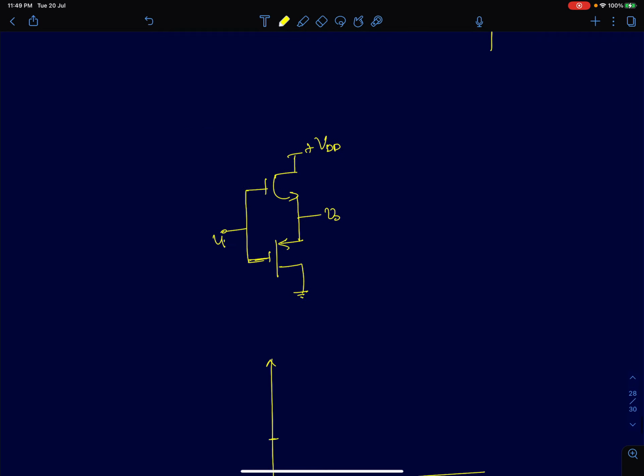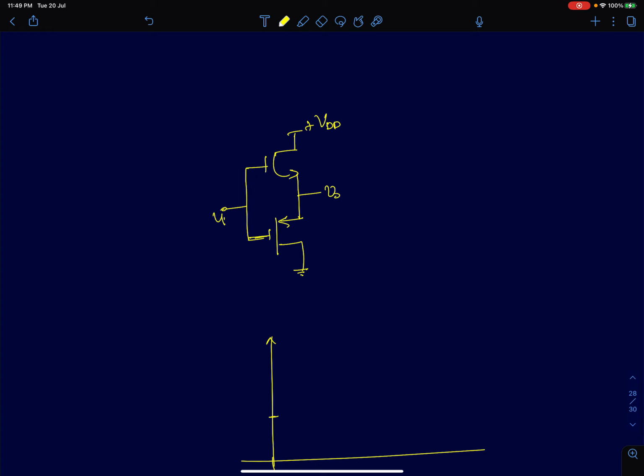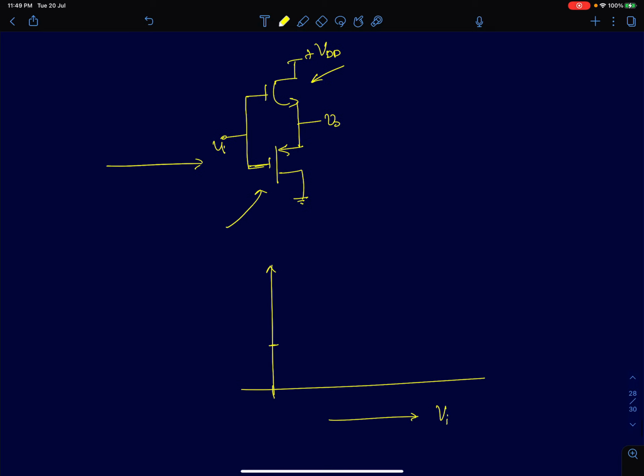Now what about the transfer characteristics of a CMOS buffer which is shown here? Where in place of a PMOS device, I have an NMOS device, and in place of an NMOS device, I have a PMOS device. So first, I will draw the transfer characteristic assuming the minimum voltage the output can go to. Let's assume I'm going to keep my input at 0.